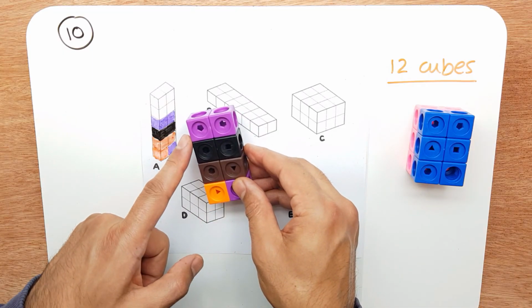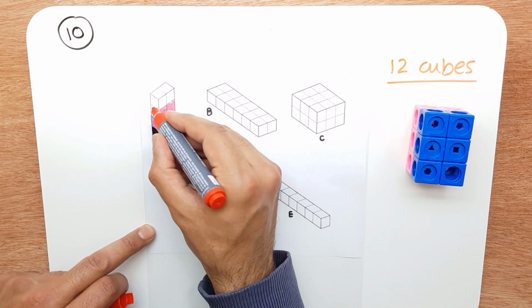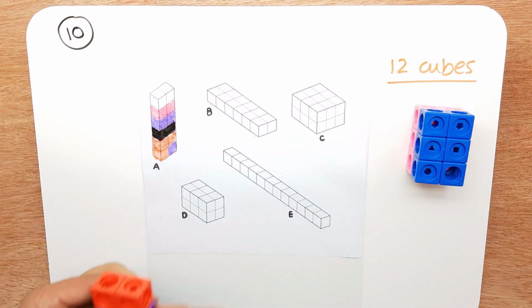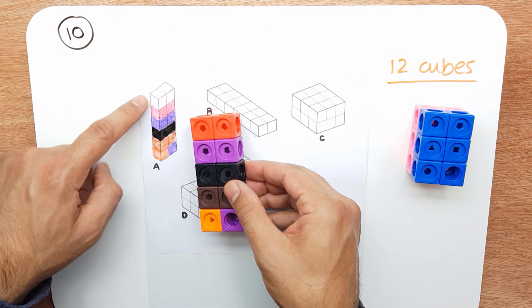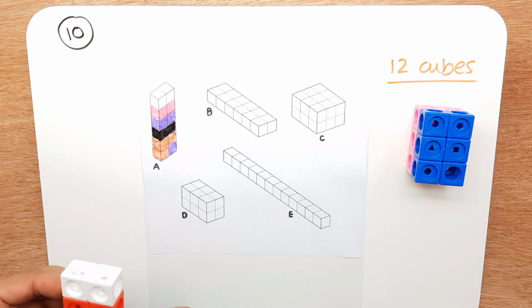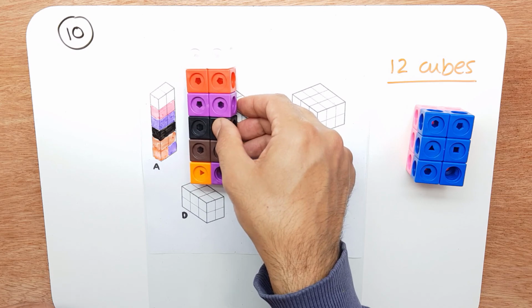So we've added the purple layer. Now we've added the red layer, and finally we can add the white layer. So that's our shape for cuboid A.